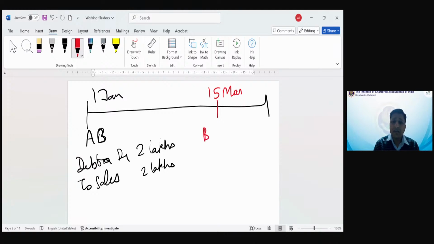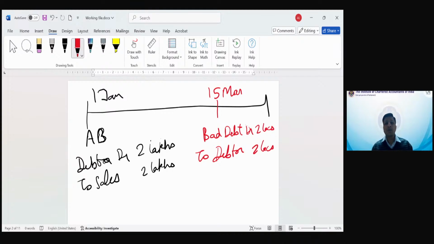So AB will book the loss. Bad debt debit, to debtor 2 lakhs. So where should this go? This will go to P&L.